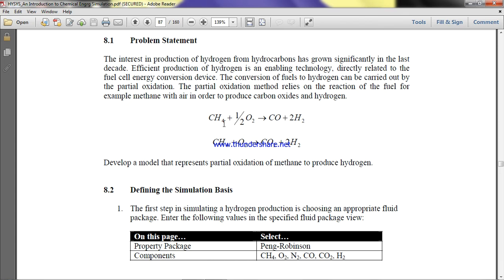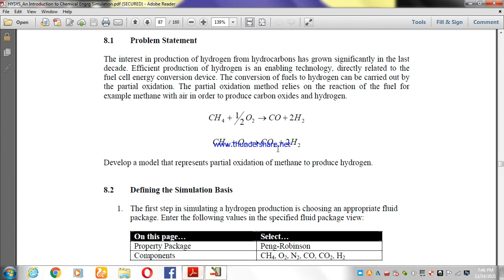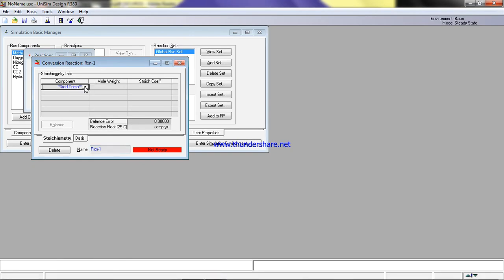Okay, the first equation requires methane, oxygen, and then like that. So you come back here, you drop down components, you pick methane, drop down, pick oxygen, drop down, pick carbon monoxide, you drop down and pick hydrogen.